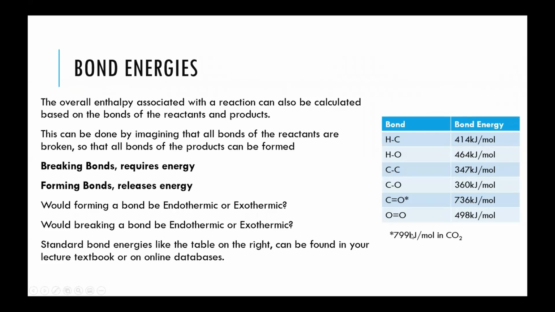So on the reactant side, you can imagine every single bond has some energy associated with it. In lecture textbooks and online, there are lists of bond energies, the amount of energy contained in each of these chemical bonds, either a carbon-hydrogen bond, an oxygen-oxygen bond for molecular oxygen, a carbon double bonded oxygen. All of these have a different energy associated with them.